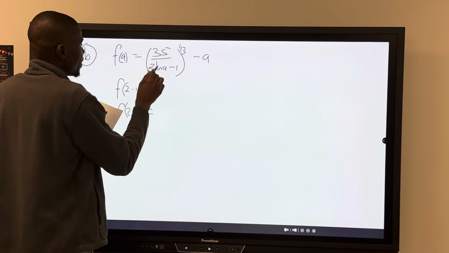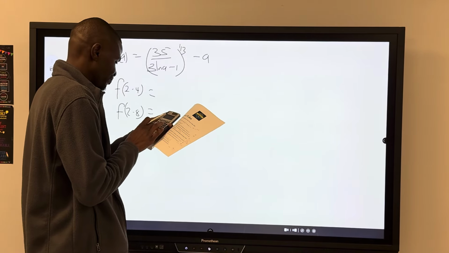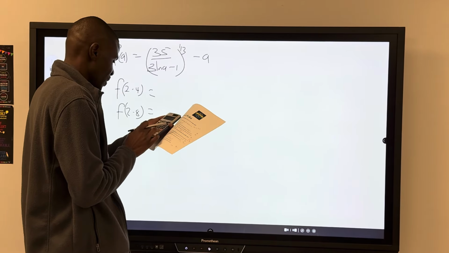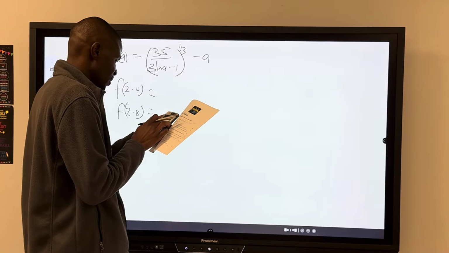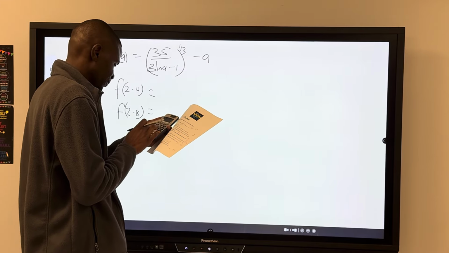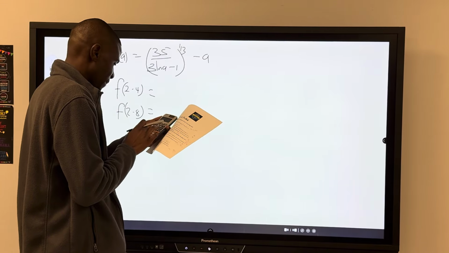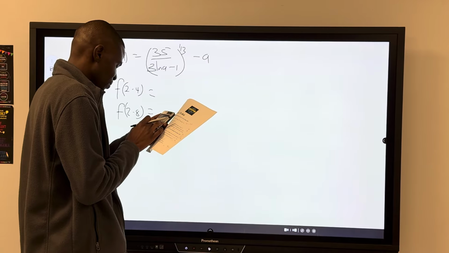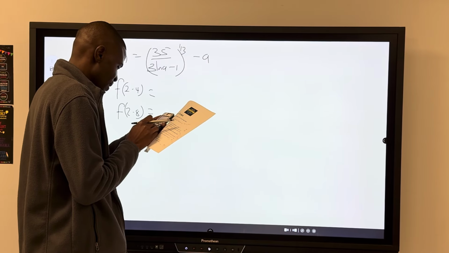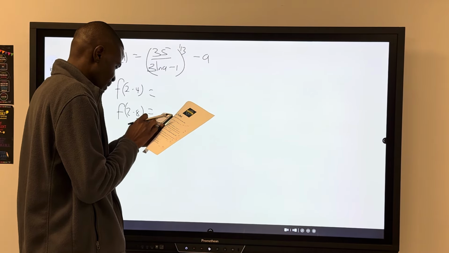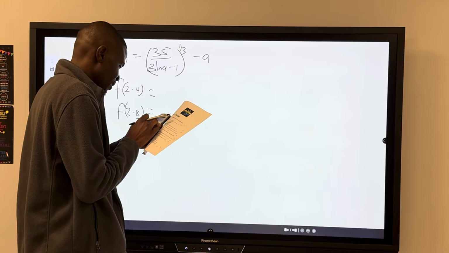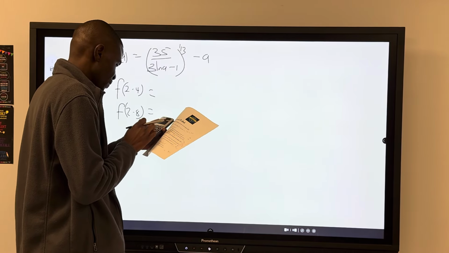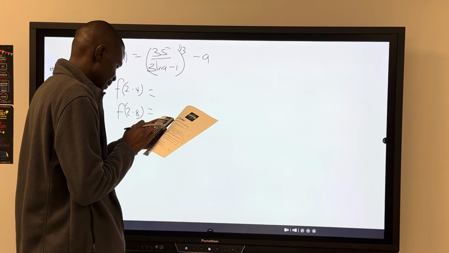So we are going to get 35 over 3 natural log of 2.4 minus 1, to the power of a third, 1 over 3, right?